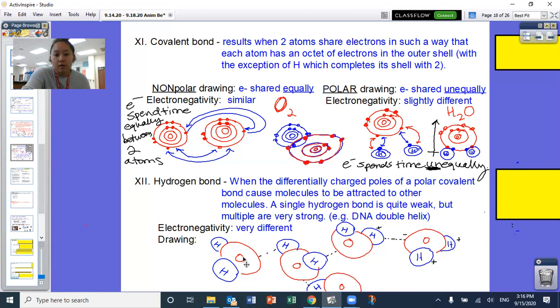So the negative part of the oxygen is gonna kind of attract to the positive part of a hydrogen of a separate molecule, because it's like magnets, positives and negatives attract to each other. And then maybe this positive is attracting to this oxygen's negative on a different molecule, or this positive over here on this hydrogen is attracting to another molecule's negative oxygen over here. And molecules, for example, like water, connect to each other and actually end up jumbled together quite strongly because of these hydrogen bonds.